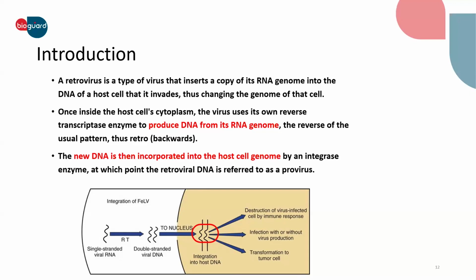So there are two important features of the retrovirus. The first one is they produce DNA from their RNA genome. That's what we call the reverse, or the retro, here. Retro means reverse, because usually it goes from DNA to RNA, but retrovirus is a special case.